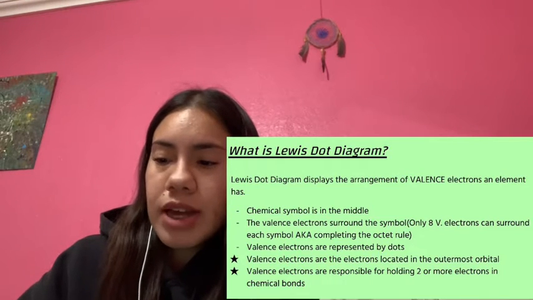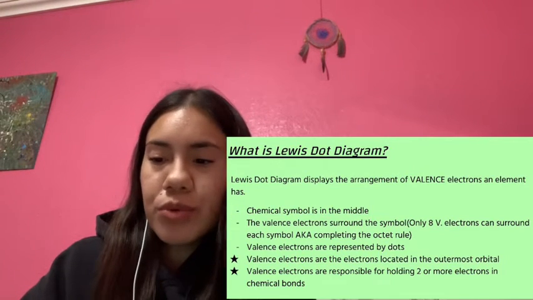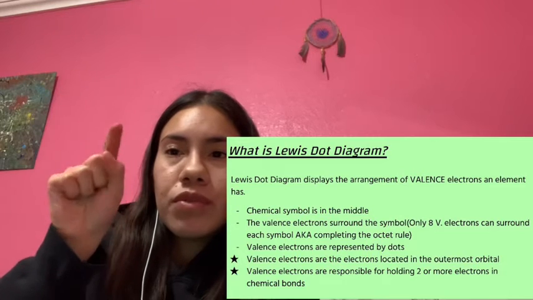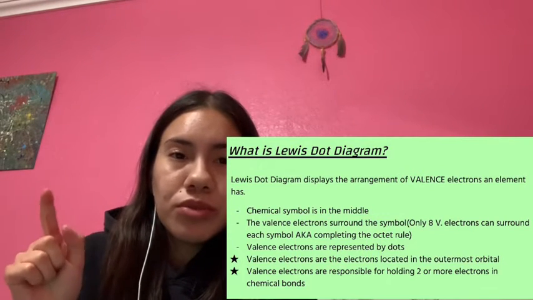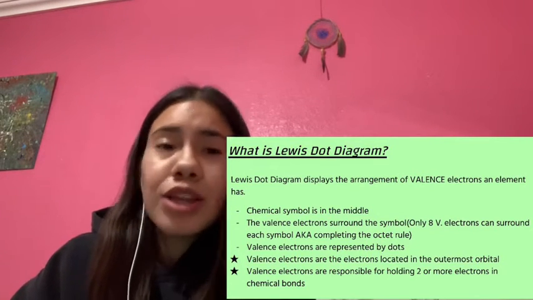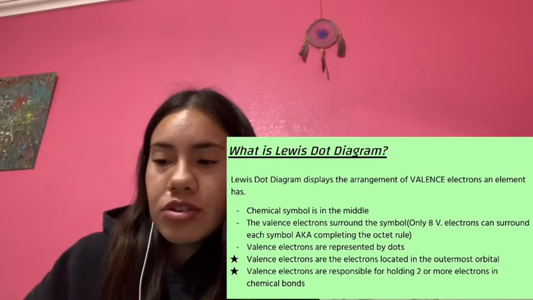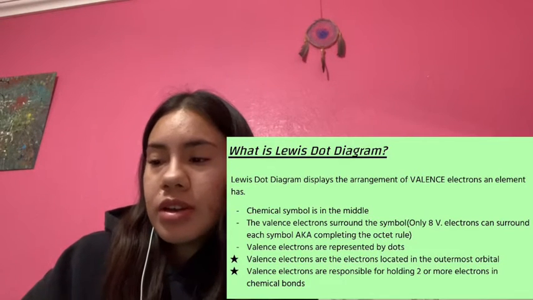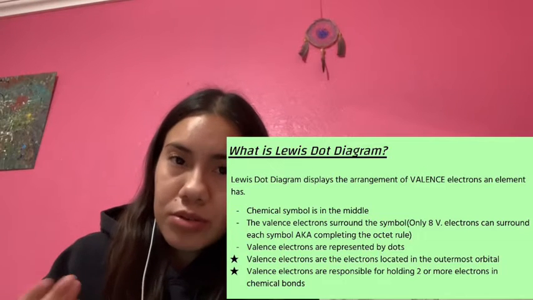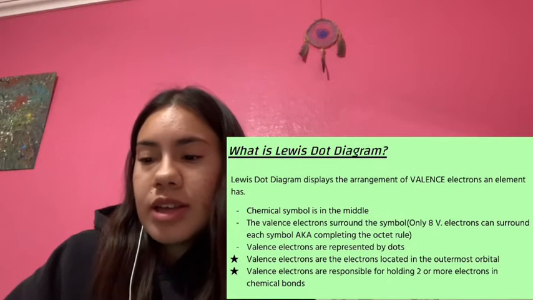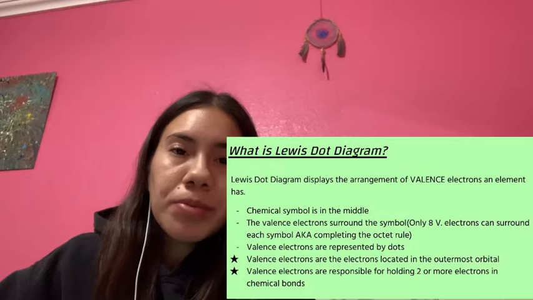Carbon has 4 valence electrons, so we would put 4 valence electrons around the chemical symbol C, and only 8 valence electrons can surround each symbol, completing the octet rule. Valence electrons will be represented by dots.